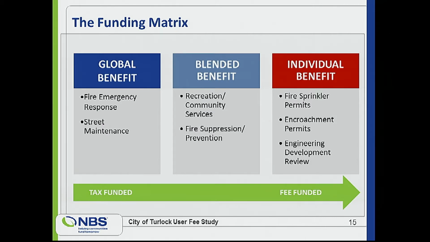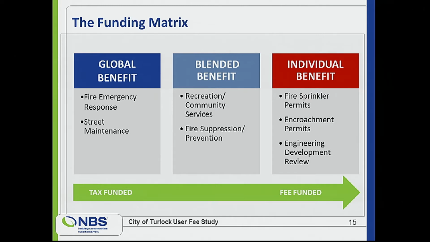This is some information on the funding matrix that I have seen and NBS has seen throughout California of how councils tend to determine what should be funded by the general fund or subsidized versus what needs to be funded by direct services and permitted related activities. The question really is, where is there a global benefit and where is there an individual benefit? And overall, when there is more of a global benefit or a pure global benefit, for example, fire emergency response, street maintenance, those tend to be more tax funded, general fund funded, or funded by any other funding source that's appropriate.